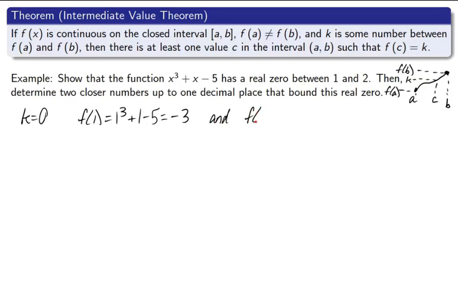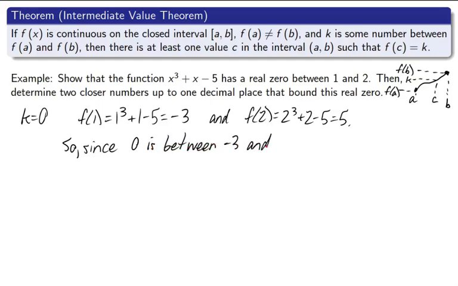And f of 2 is equal to 2 cubed plus 2 minus 5, which is 5. So, since 0 is between negative 3 and 5, there is a c in 1 to 2 such that f of c equals 0.